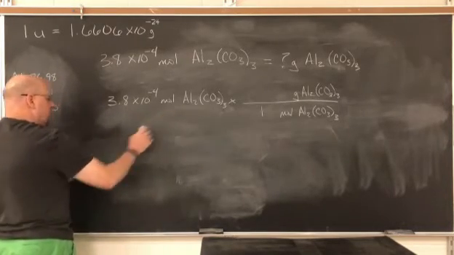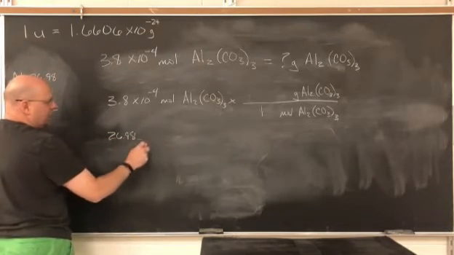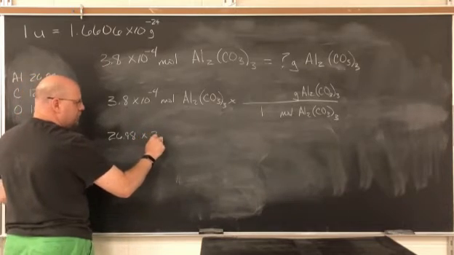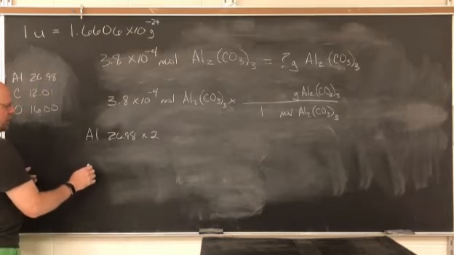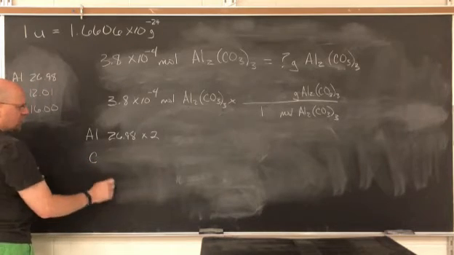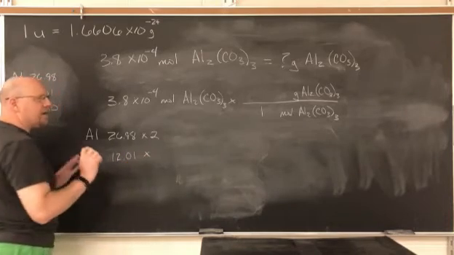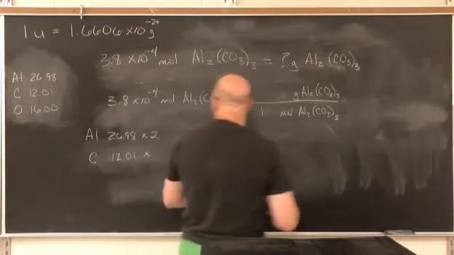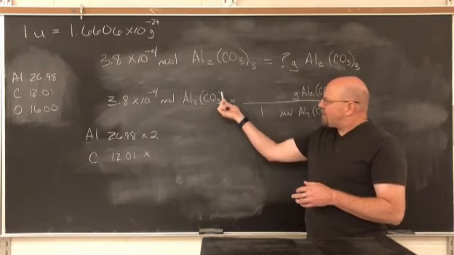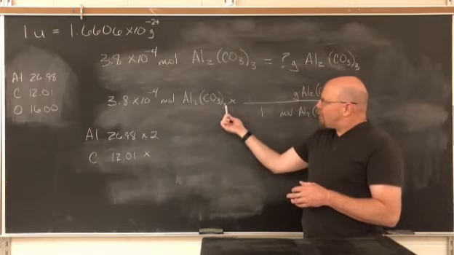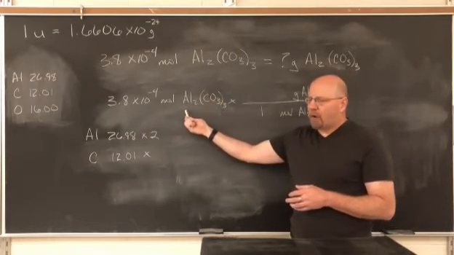So the first one's easy. Aluminum has a mass of 26.98 on the periodic table, and there are 2 of them. So that's for my aluminum. And if I take my carbon, we know on the periodic table it's 12.01 times, now this is where you've got to be careful and aware. This 3 is outside the parentheses and represents that there are 3 different carbonate ions as part of this compound.